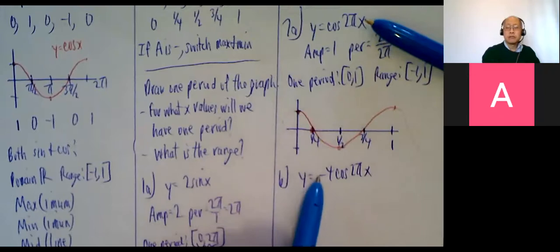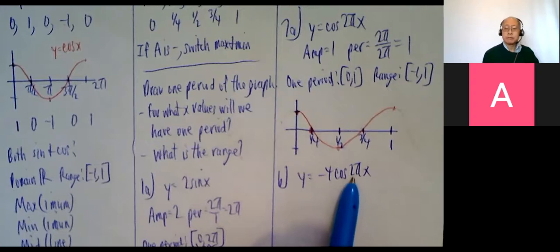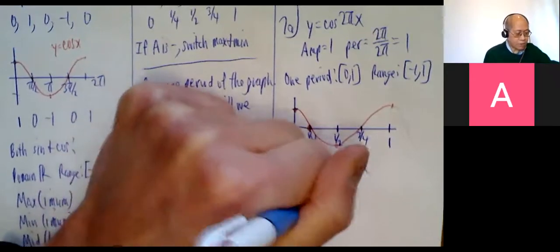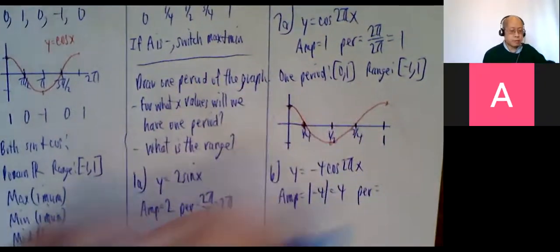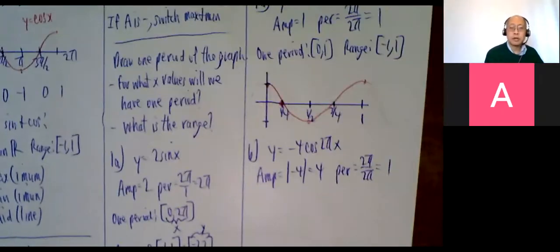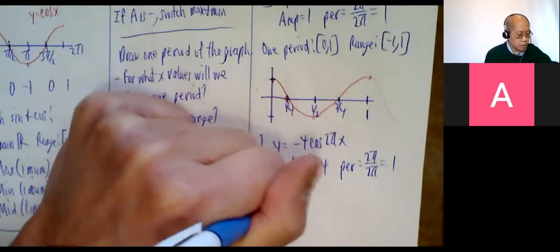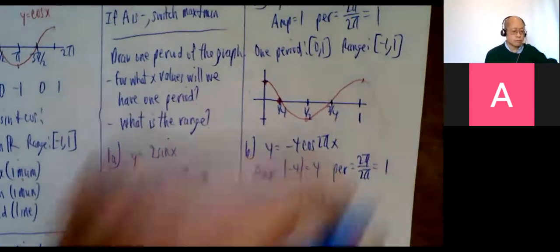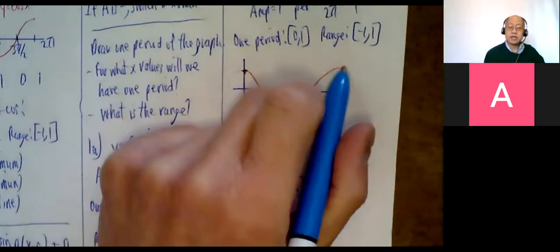-4. So my A is -4. The period's going to be the same because the B is still the same. So the amplitude is the absolute value of -4, which is 4. The period is still 2 pi divided by 2 pi, which is 1, which means one period still goes from 0 to 1, but the range isn't going to be from -1 to 1.